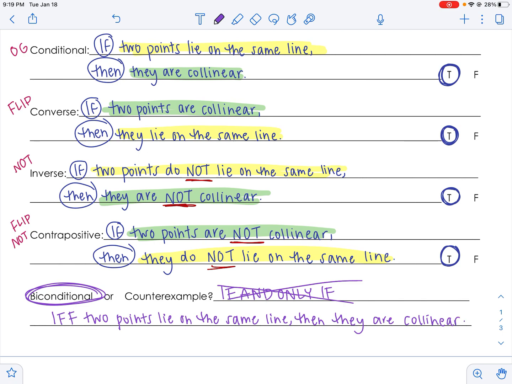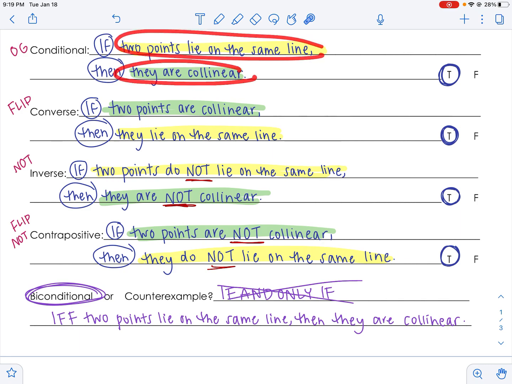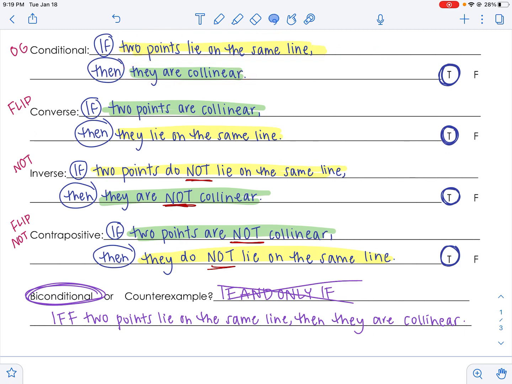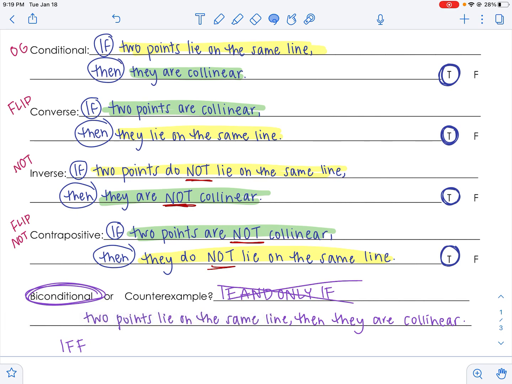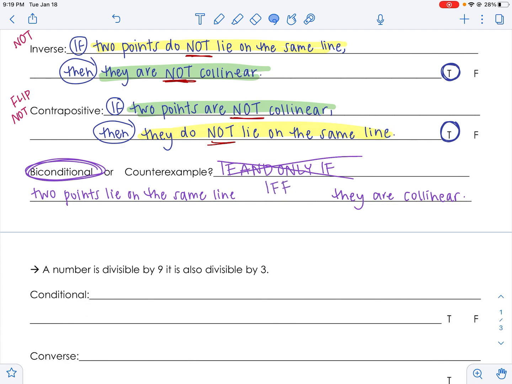Now, that works, but if you really want to sound grammatically correct, then the best way to do it is to put that if and only if in the middle. It's to take your hypothesis and your conclusion and then put if and only if between them. So what would be involved with that would be rearranging it. So instead of saying if and only if 2 points lie on the same line, I would say 2 points lie on the same line if and only if, take out that then, they are collinear.